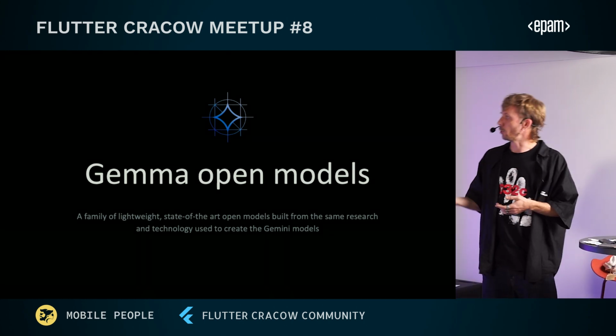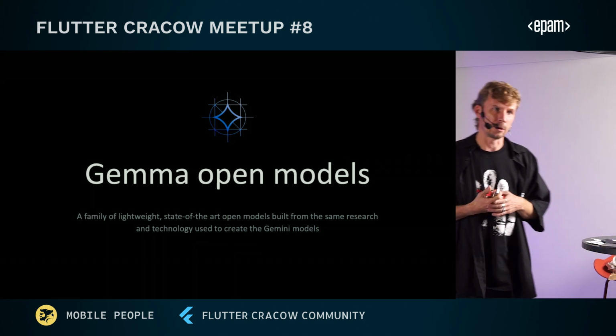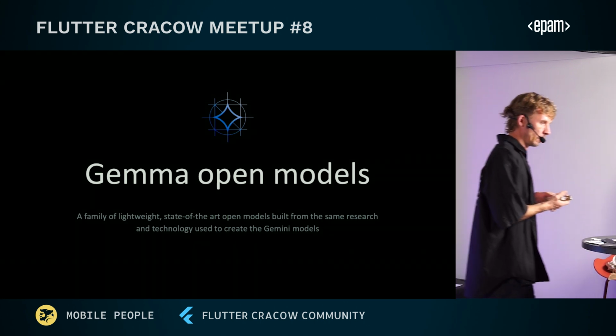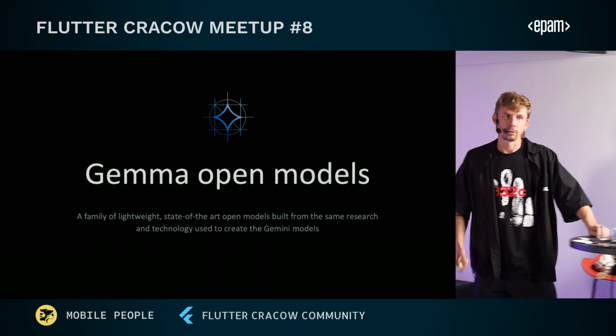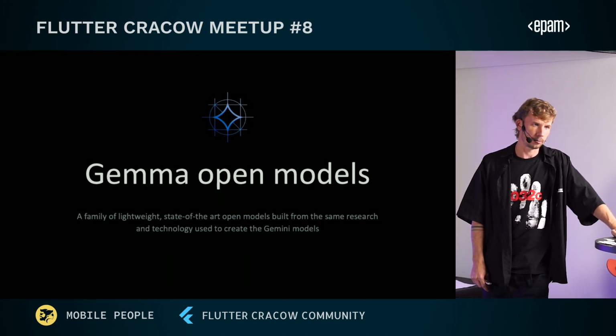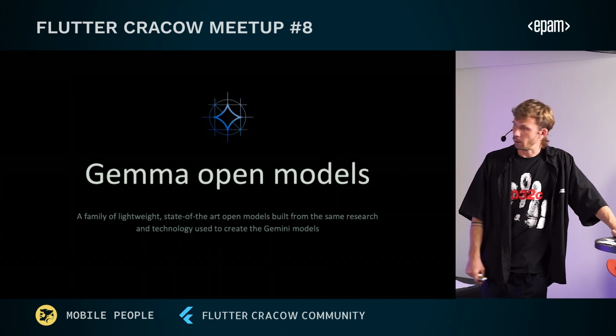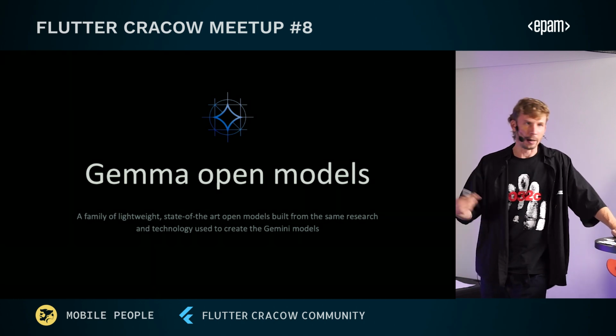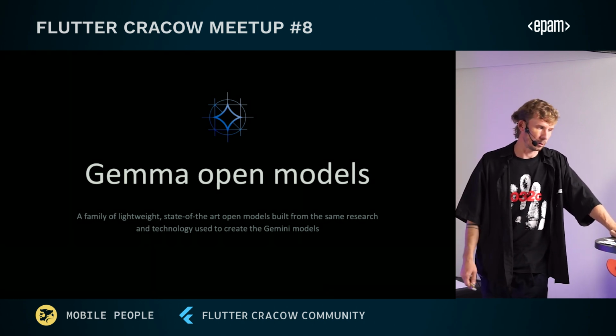But Gemma is an open model. It's kind of open source for AI. You can take the model, tune it, retrain it, upload it, even add your own license for your model, and so on. Use Gemma as a base for your own purposes.